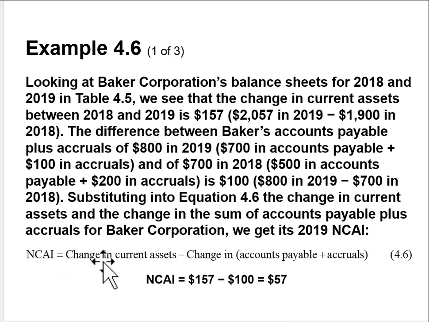Again, if you review the line items, the change in current assets was $157. So we increased current assets, but we also had a change in accounts payable. So we're subtracting that change. And of course, we can see that it is an increase. So we're subtracting $100, the increase in accounts payable. So that means that the total change in current assets is $57.